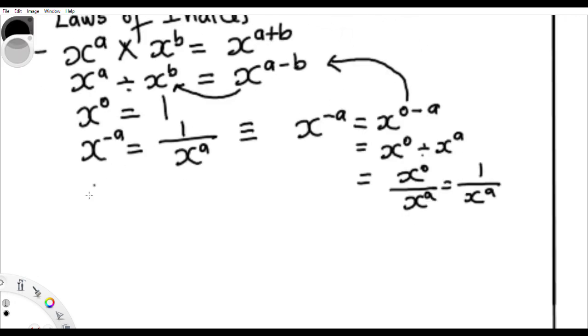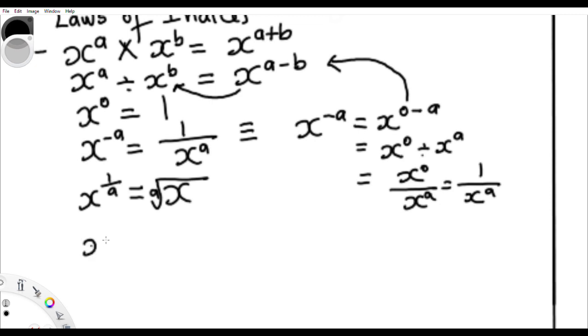Let's continue. Then we have x raised to the power of 1 all over a to be the a-th root of x. The denominator comes to be the root, the value of the root with which it is going to be operated on x.